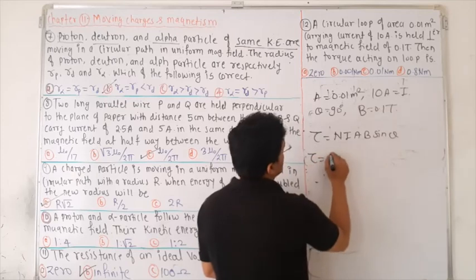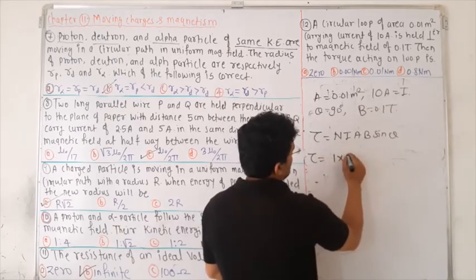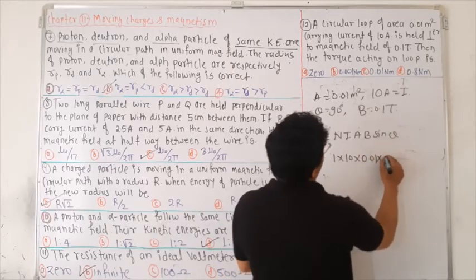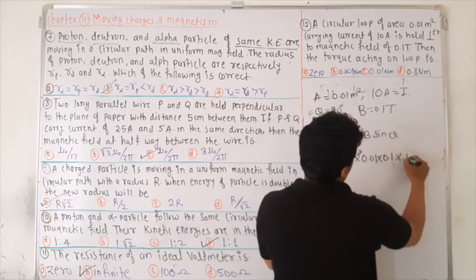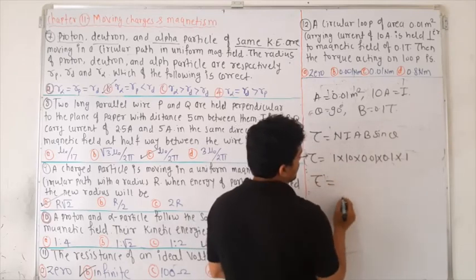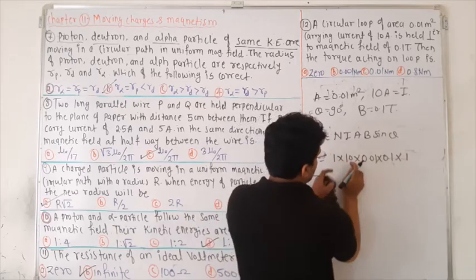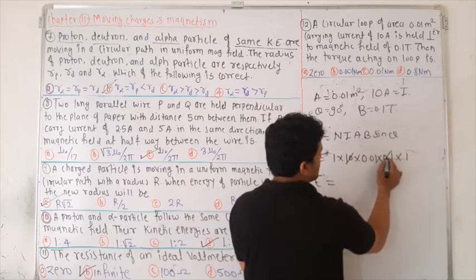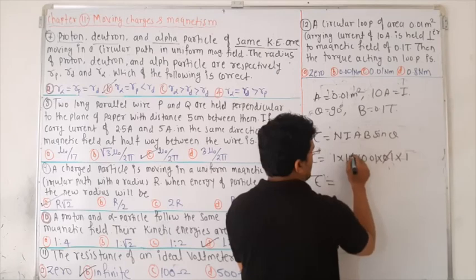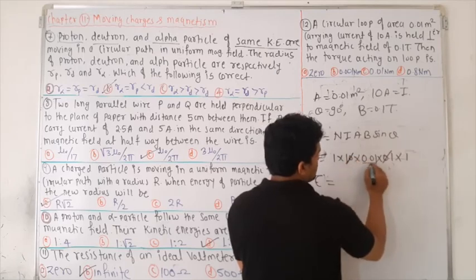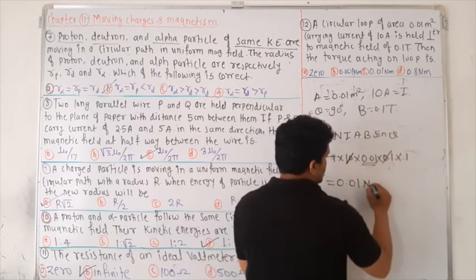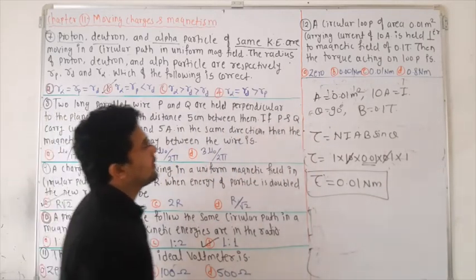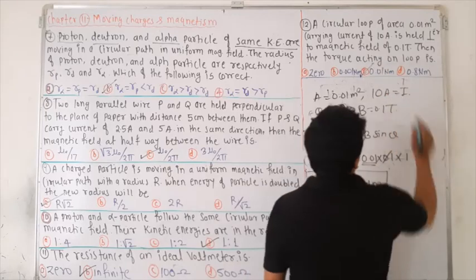N is 1 for a single loop, I is 10 ampere, area is 0.01, B is 0.1, and sin theta becomes 1. If you multiply, 10 and 0.1 cancel out, because 0.1 is nothing but 1 upon 10. So left is 0.01 Newton meter, because torque is measured in Newton meter. So option C, 0.01, is correct.